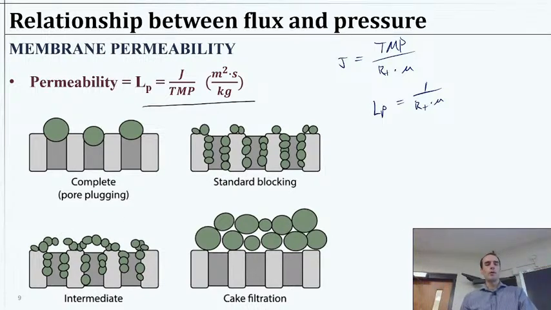Intermediate is a step where we're starting to get a cake formation layer across, but it's not really there. And then finally cake filtration, where there might also be some standard blocking, but the point is we've established that cake where water has to flow through it in order to make its way through.